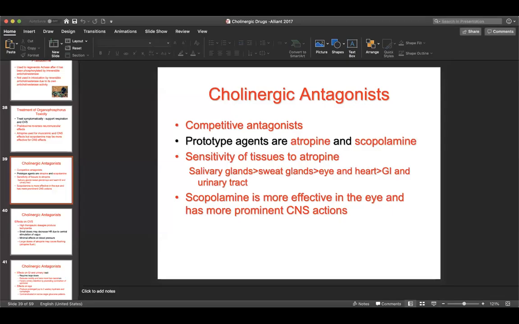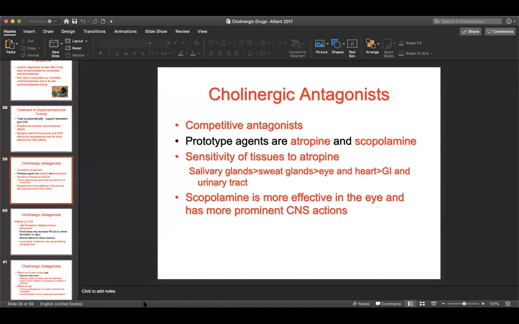Okay. So that's going to sort of finish the cholinergic drugs. We're fixing to move on. Let me mention one other drug. In addition to Flexeril, another drug that we will see is called Skelaxin.